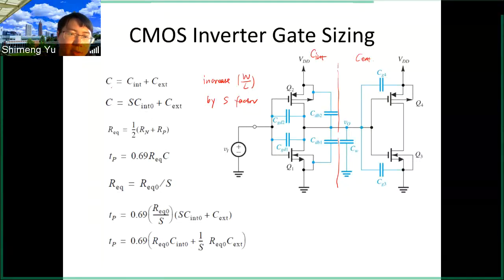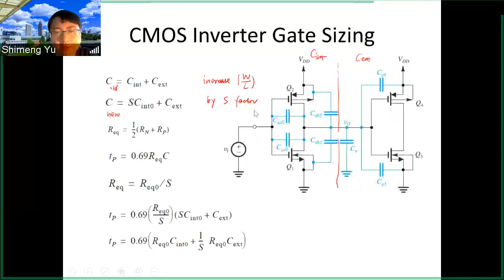So this is C old, this is C new. Old means initial capacitance, new means after this sizing. Then the new capacitance will be S times C intrinsic, because all the capacitance associated with the first inverter is proportional to W. If you increase W over L, then those capacitances will increase accordingly.